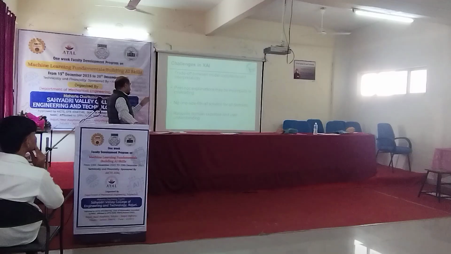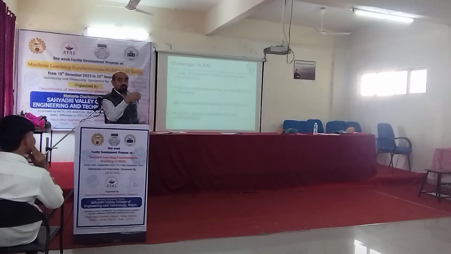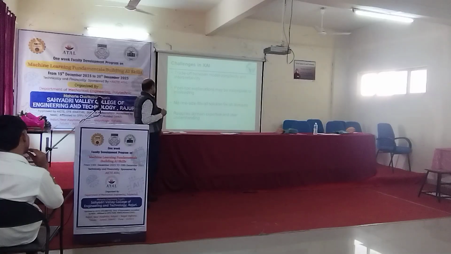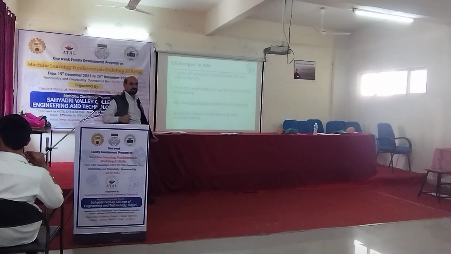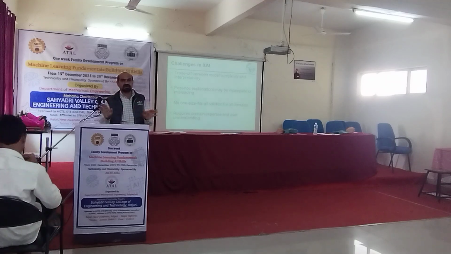Then the explanation may be incomplete or misleading. Explainable AI transparently tells that this is the answer and why this is coming. This is required for understanding how exactly decisions are wrong. You can't say the explainable AI is correct every time. No one-size-fits-all solution for all domains. एक ही model or every model works everywhere, it is not possible.